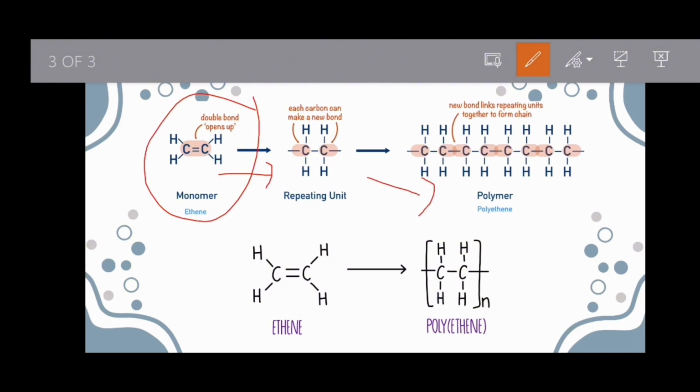Then the molecules join to form polyethylene, which is used in plastic bags and bottles. So it forms like this, from monomer to polymer, or the ethene to polyethylene. It's just a matter of repeating the process over and over until you get a long sturdy chain. So that is the polymerization in alkenes.